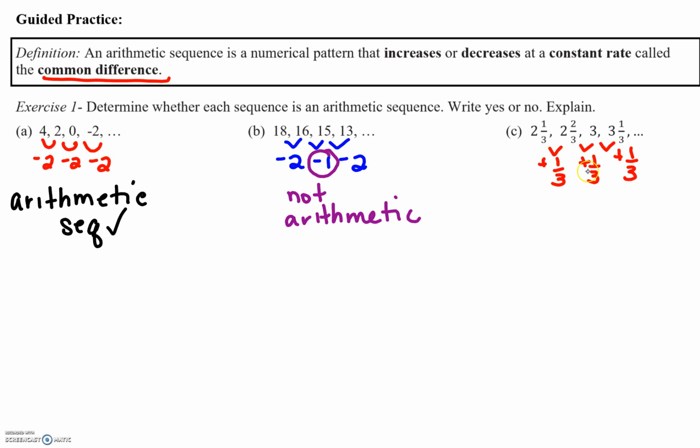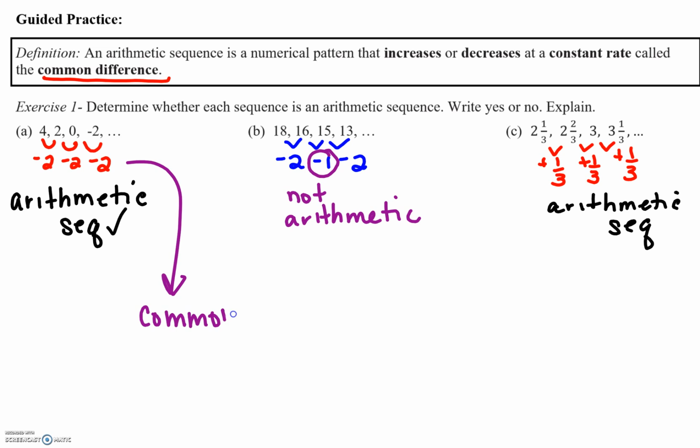Again, because everything is going up by 1/3 from one term to the next, we can consider this an arithmetic sequence. These numbers right here, that negative 2, is our common difference again. This one doesn't have a common difference for b. And then again, that 1/3 is going to be referred to as our common difference.